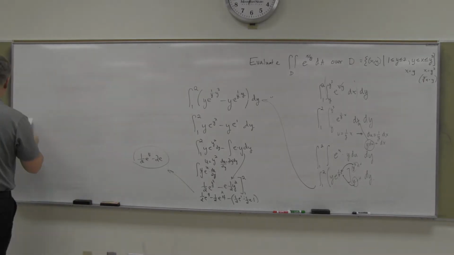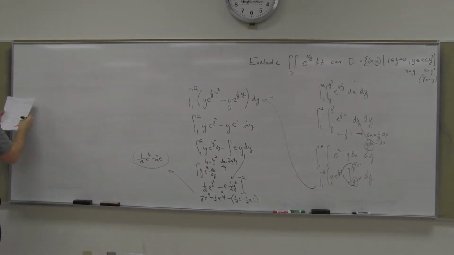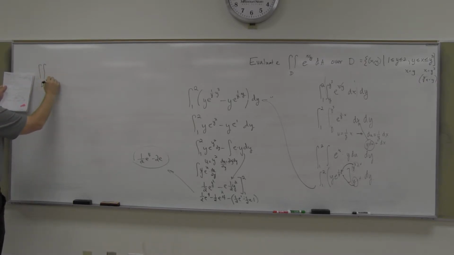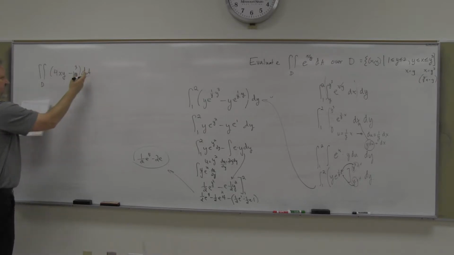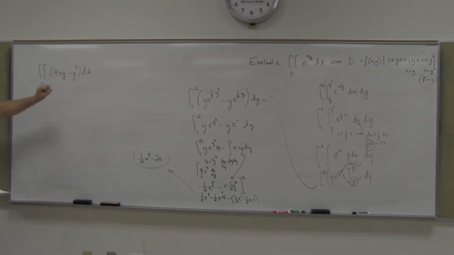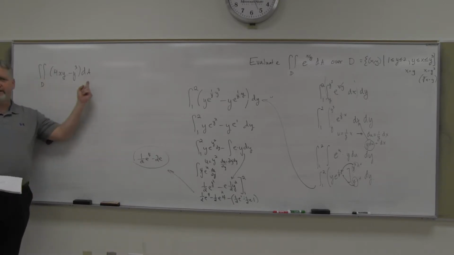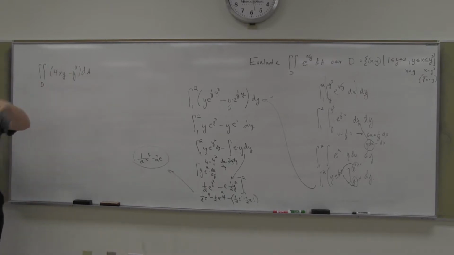Take, for example, the double integral over D of 4xy minus y cubed dA. And again, dA, we hadn't mentioned that, but dA is just kind of shorthand. They don't necessarily spell out whether you do the x's first, but dA is just dx times dy, a nice way of writing it in general.